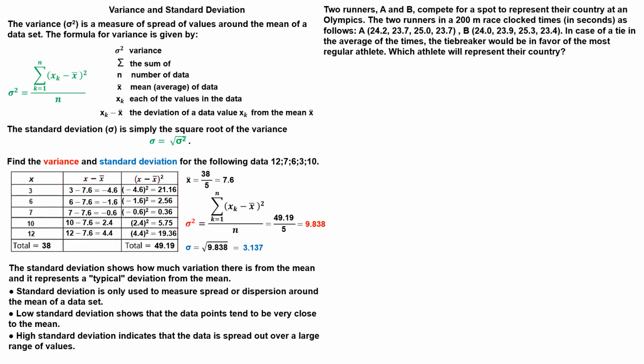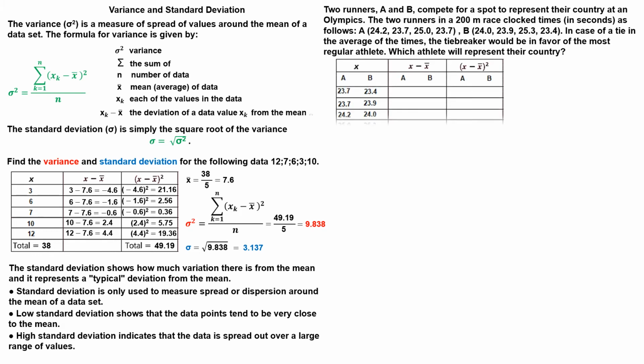To start, display our set of data in a table. Calculate the mean. We should notice that the mean is the same for both runners.